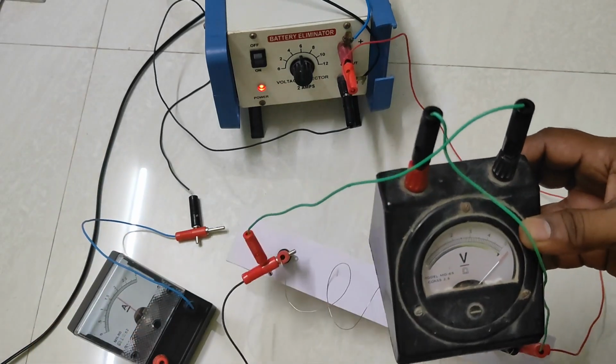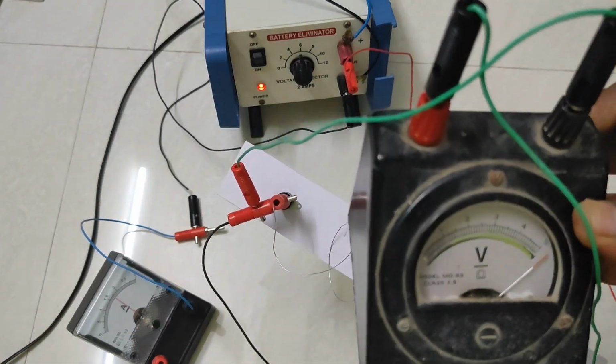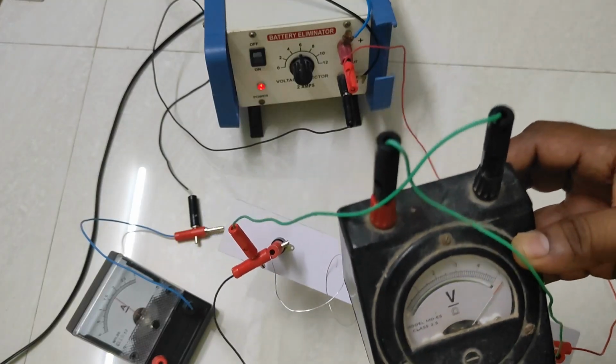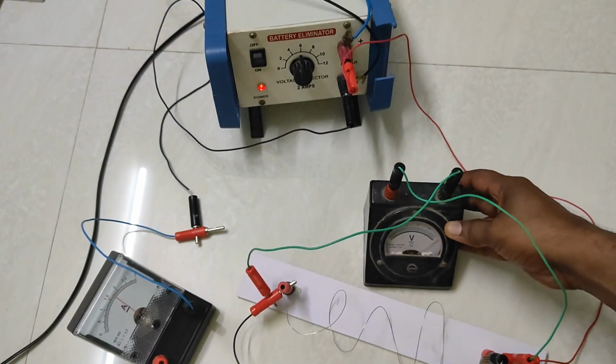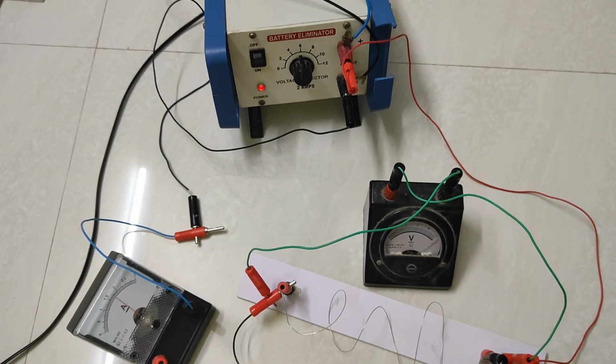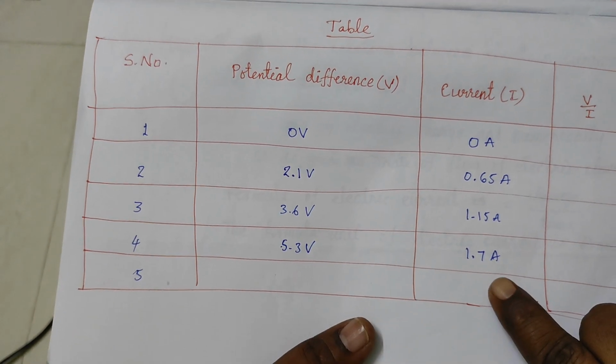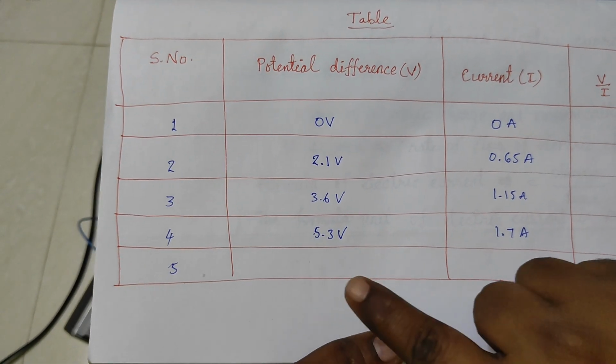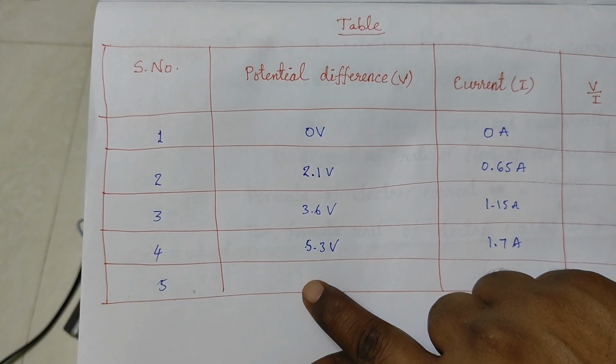Observe the voltmeter reading, 5.3 volts here. The ammeter reading is 1.7 amperes. The voltmeter reading is 5.3 volts.